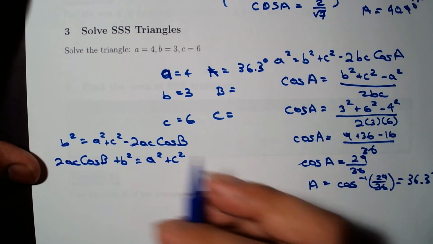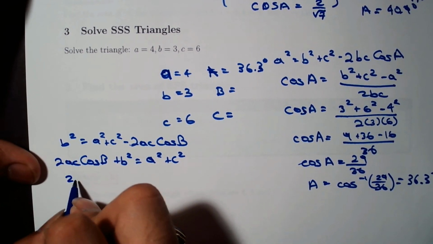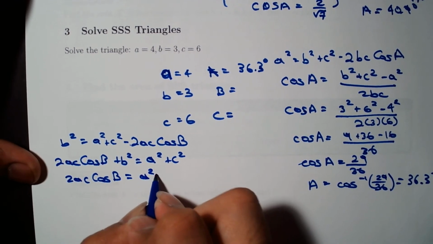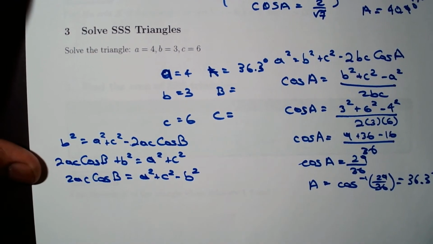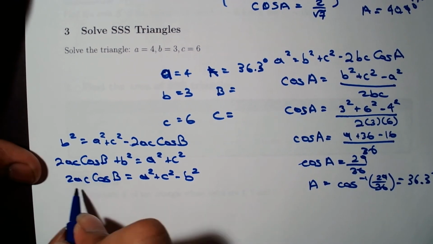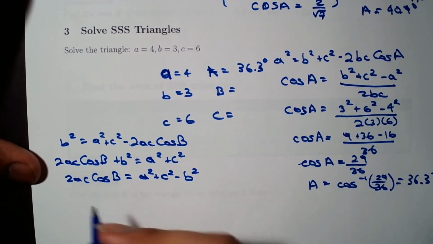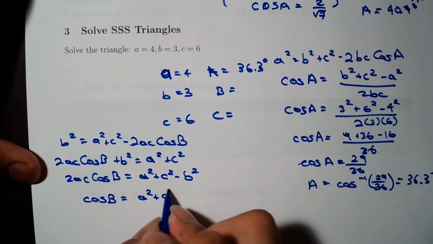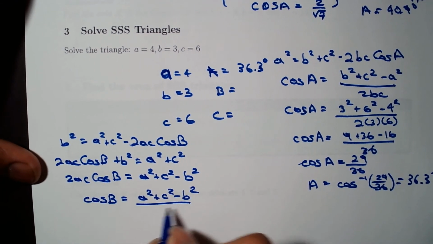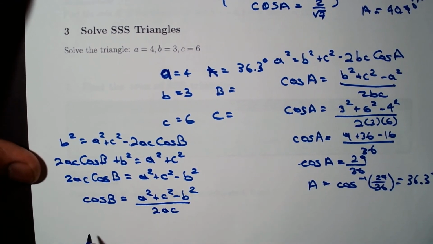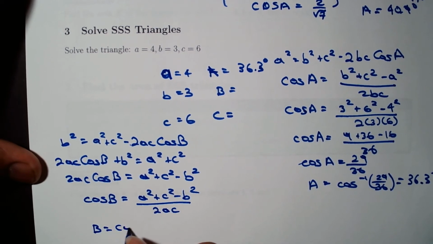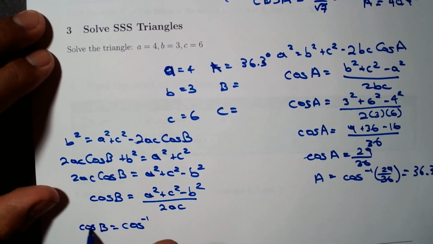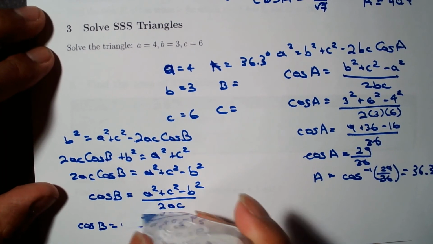And then I'm going to move this B squared to the right hand side with the opposite sign: 2AC cosine B equals A squared plus C squared minus B squared. And then, okay, divide both sides by 2AC to get cosine B by itself. Cosine B, let's not do cosine inverse yet.